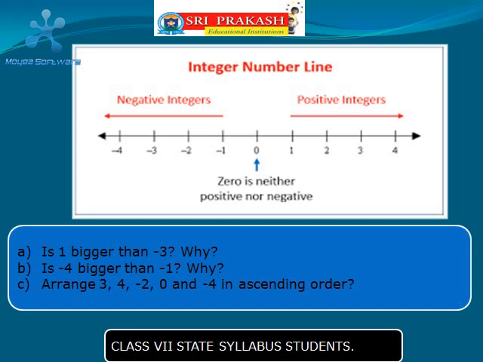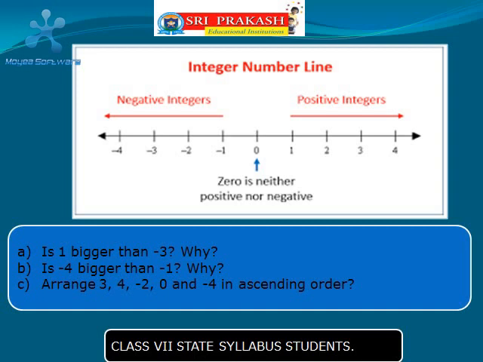Now the second question. Is -4 bigger than -1? Now it is wrong. Minus 4 is smaller than minus 1. The reason is minus 1 is situated on the right hand side from minus 4.